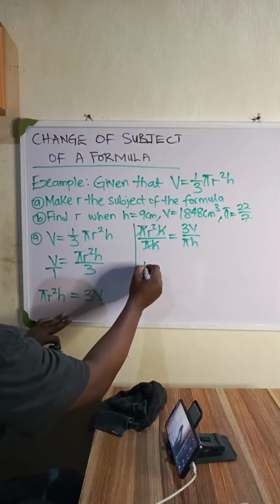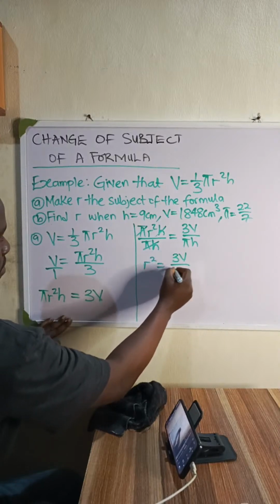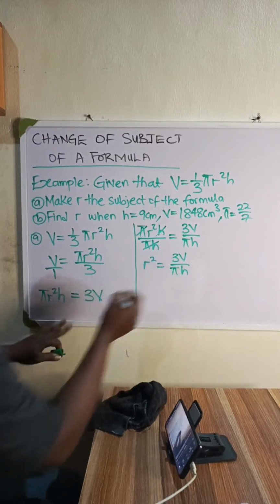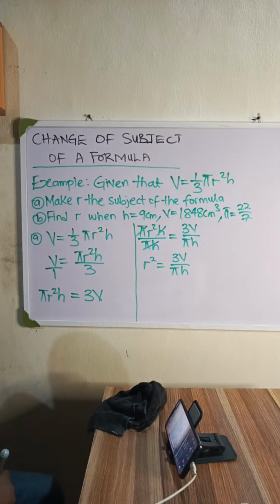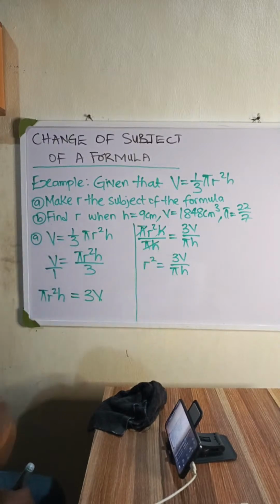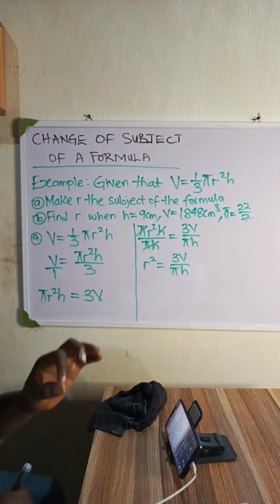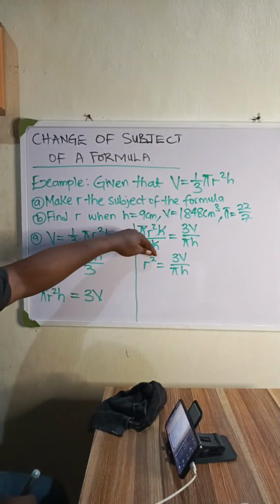We have R square is equal to 3V all over pi H. Okay, so now we've gotten R square is equal to 3V all over pi H, but what we are expected to make the subject of the formula is R. That means we need to eliminate square.